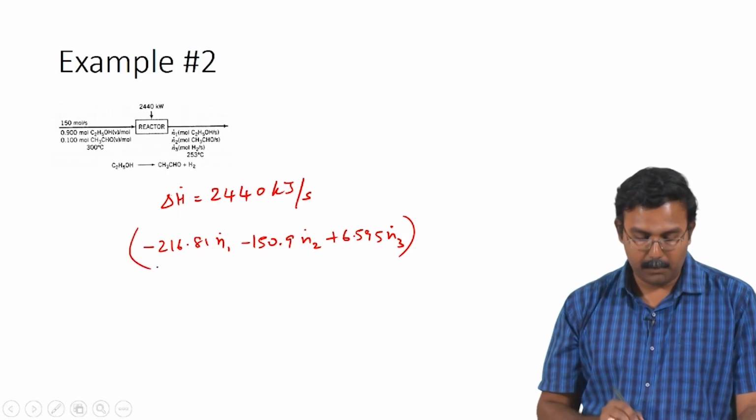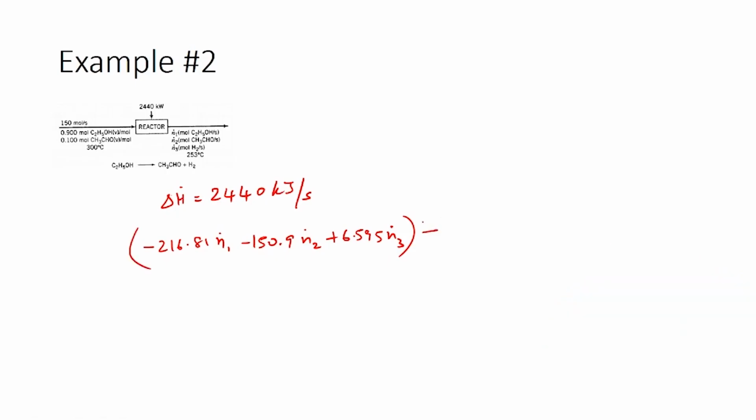This is the enthalpy of the outlet stream, minus 135 times minus 212.19 plus 15 times minus 147.07. This is the enthalpy of the inlet stream. This would be equal to 2440 kilojoules per second.